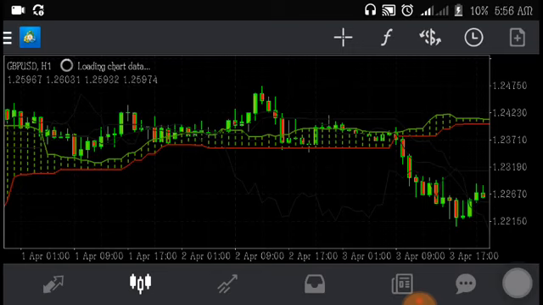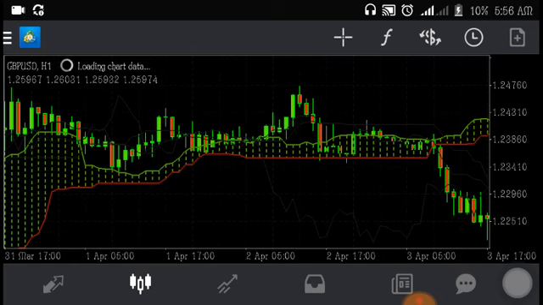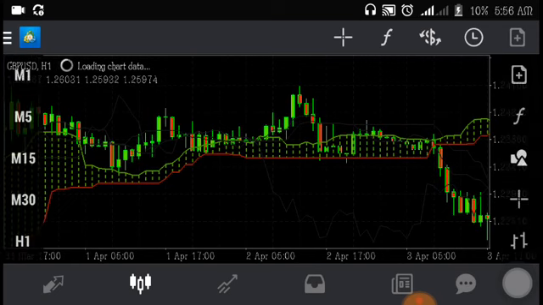So before we get started, let me outline the rules of the strategy again for someone who is watching this video for the first time. The rule of the strategy is very simple. When you see the price crossing the Ichimoku cloud to the upside, we look forward to buy, and when we see it cross to the downside, we look forward to sell.